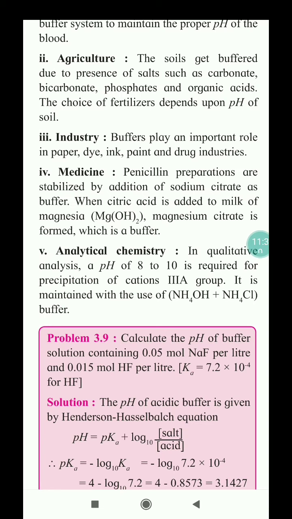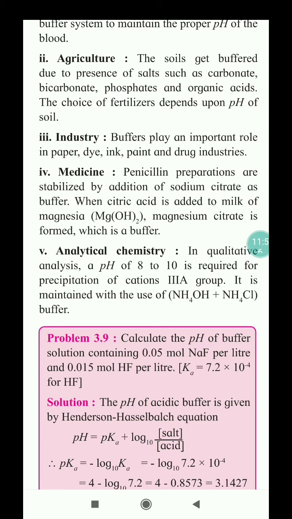Penicillin preparations are stabilized by addition of sodium citrate as a buffer. When citric acid is added to milk of magnesia, magnesium citrate forms, which is a buffer solution. So in every medicine there is a buffer to resist their pH value.